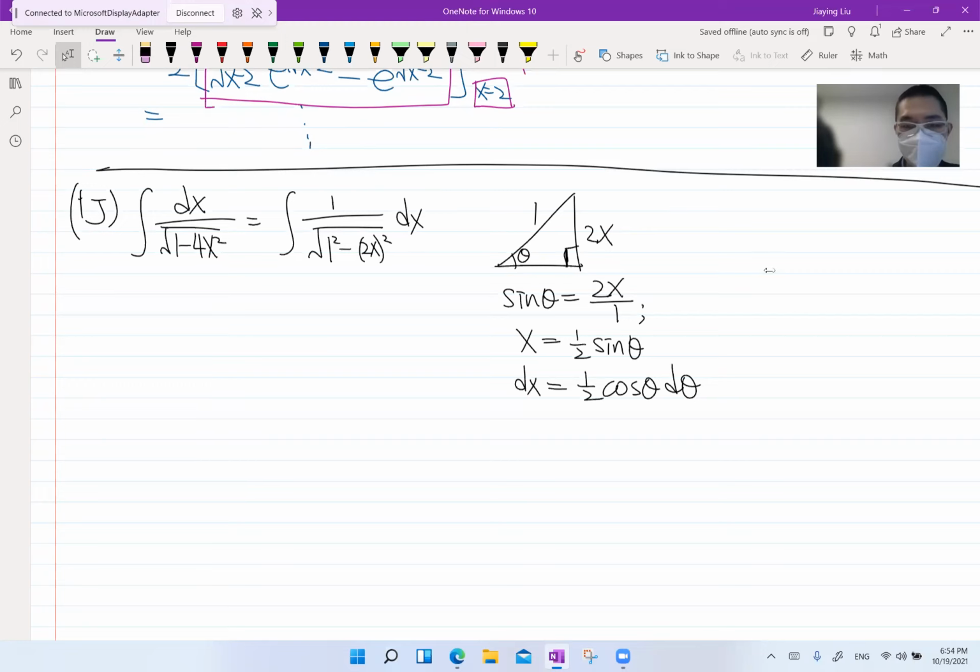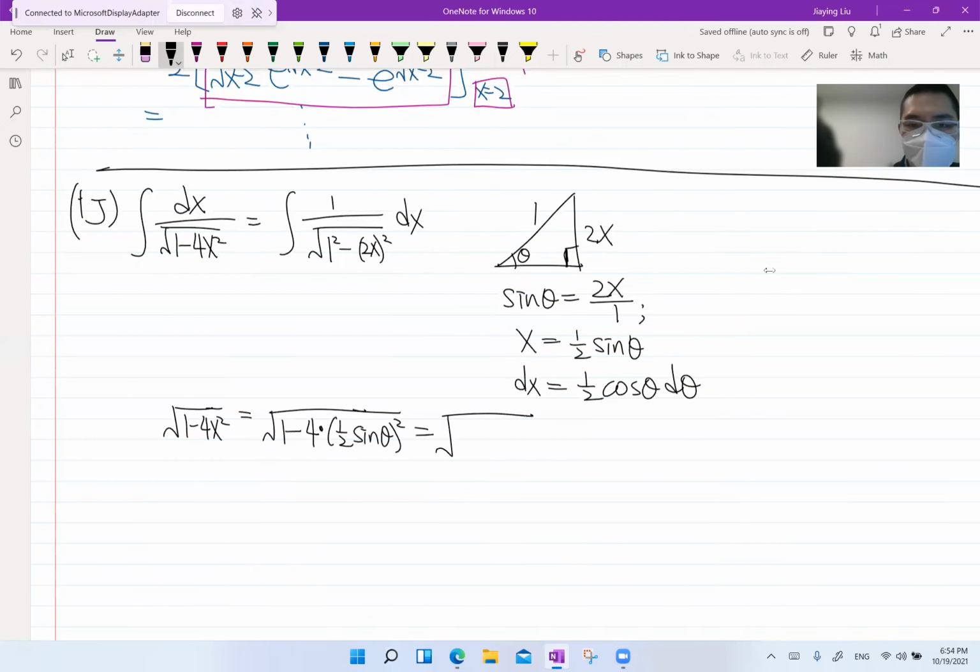To make it less confusing, I always calculate the square root part first. So just looking at the square root, I got 1 minus 4x squared, or you can write it as 1 minus (2x) squared, doesn't matter. That will become the square root of 1 minus 4 times x squared, which is (1/2 sine theta) squared.